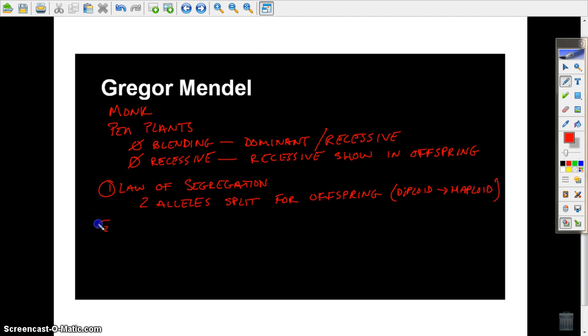The second law was the law of independent assortment.